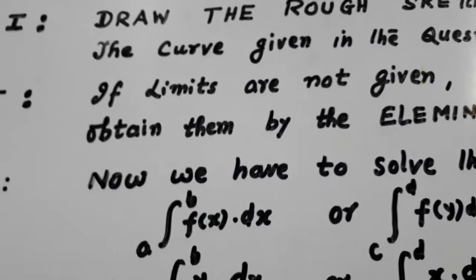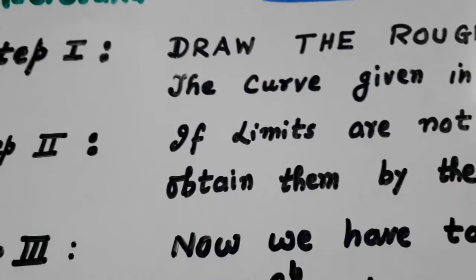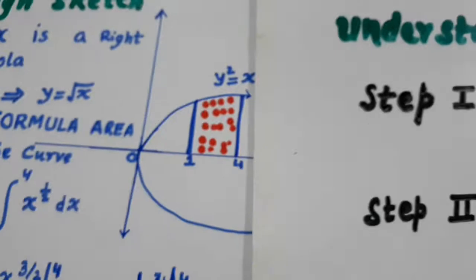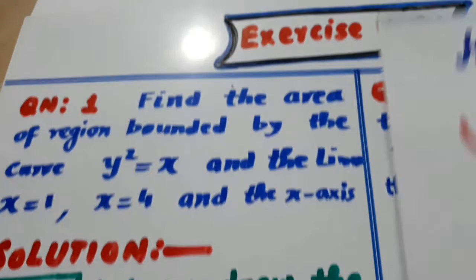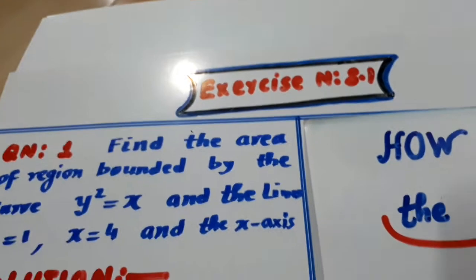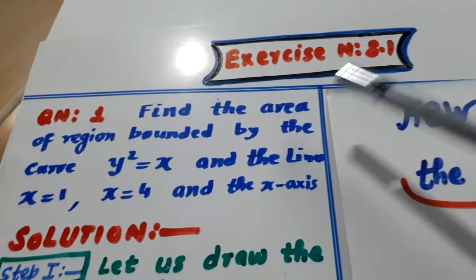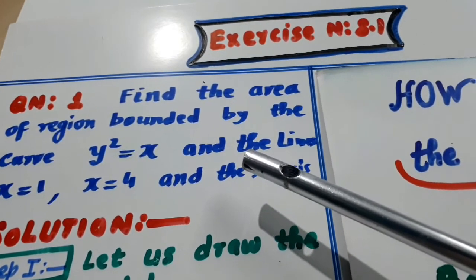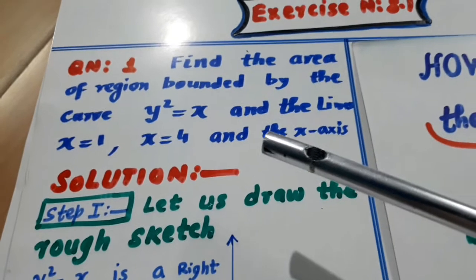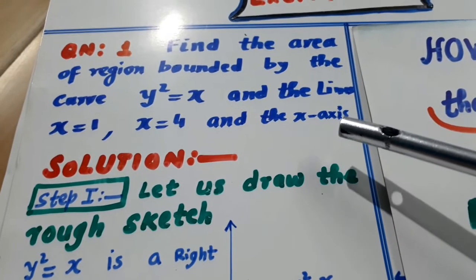Now I'll be taking up the questions from exercise 8.1. Question number 1 of exercise 8.1: Find the area of the region bounded by the curve y square is equal to x and the lines x is equal to 1, x is equal to 4 and the x-axis.